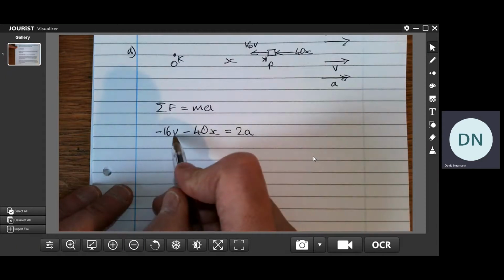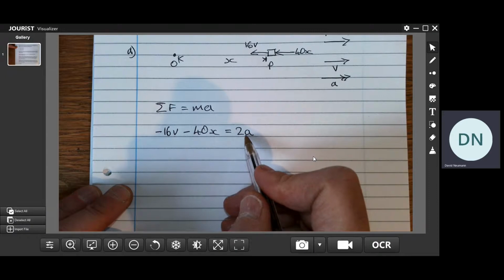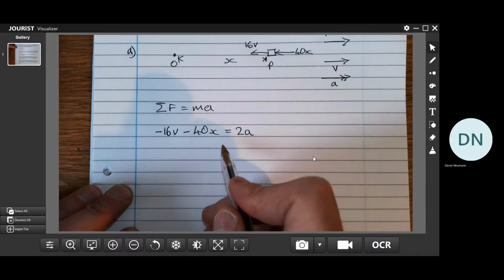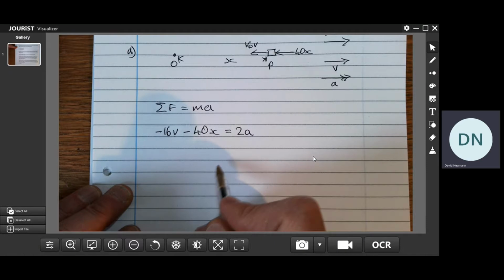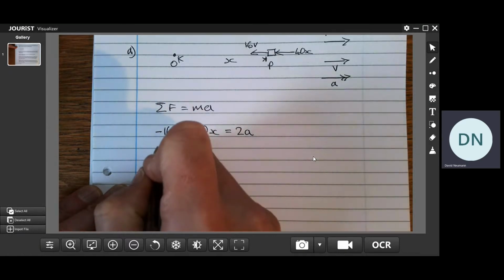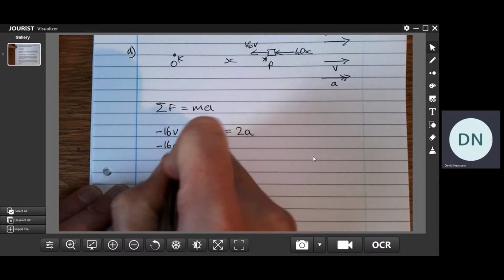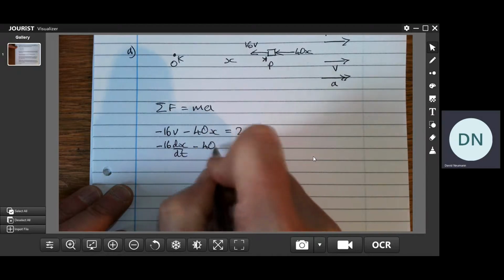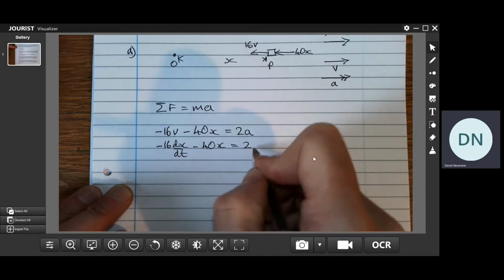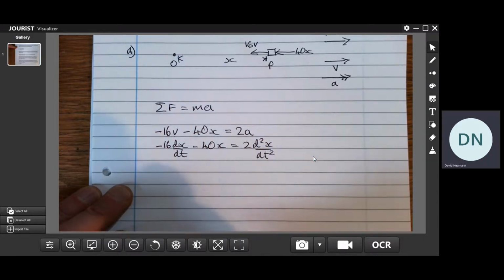Now, of course, v is dx by dt, and a is d2x by dt squared. So we're going to change the way we've written this equation, and we're going to get a second order differential equation. So minus 16 dx by dt minus 40x is equal to 2 d2x by dt squared.